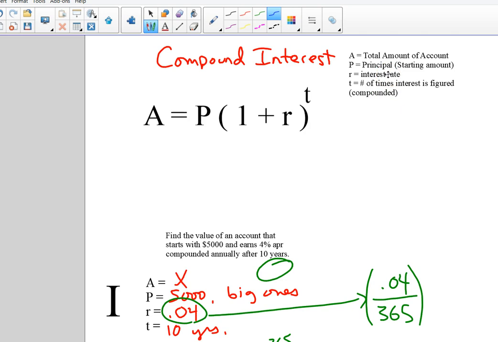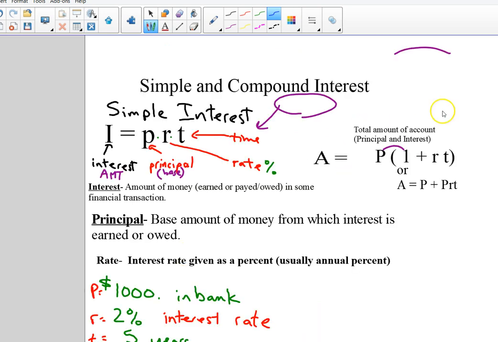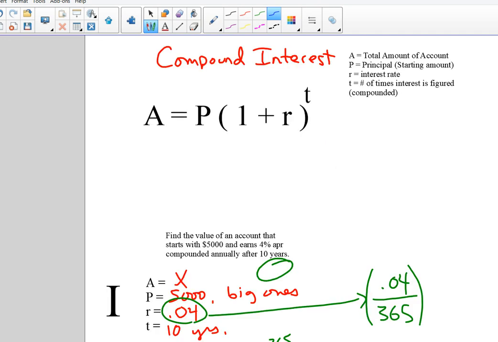You'll notice that the difference between this formula and the formula on the first page is that now the t is actually in the exponent. We'll talk about why in a minute.